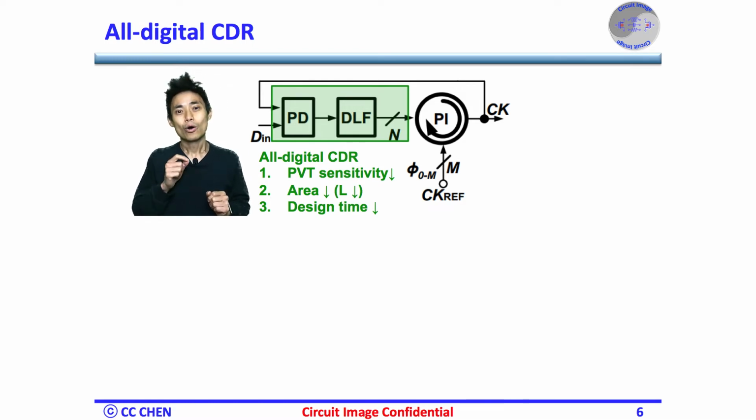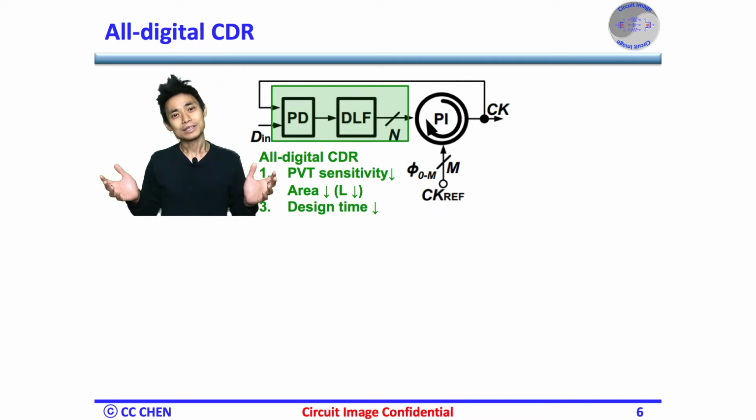For example, the all-digital CDR has low sensitivity to the process, supply voltage, and temperature variations. Also, the all-digital CDR would have a much smaller area in the advanced process, and the design is easily ported between different processes. The design challenge or schedule would be much less than the analog CDR.